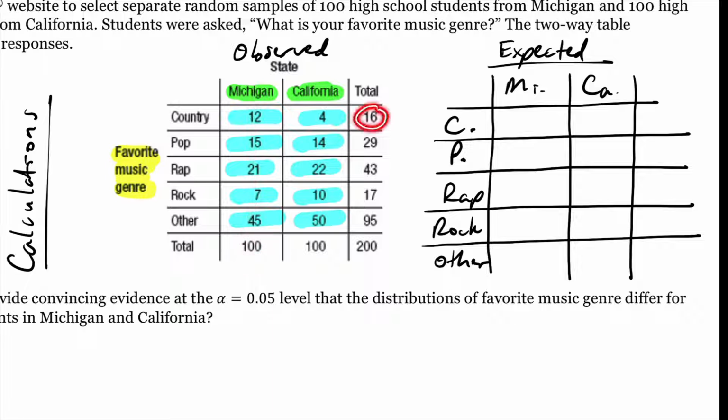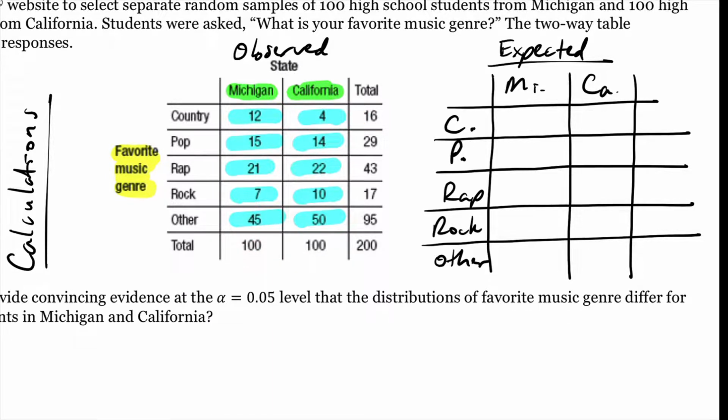So we're going to go 16 times 100 divided by the grand total, which is always 200. And you get 8. Okay, so I would expect 8 students out of the 100 in Michigan to prefer country.